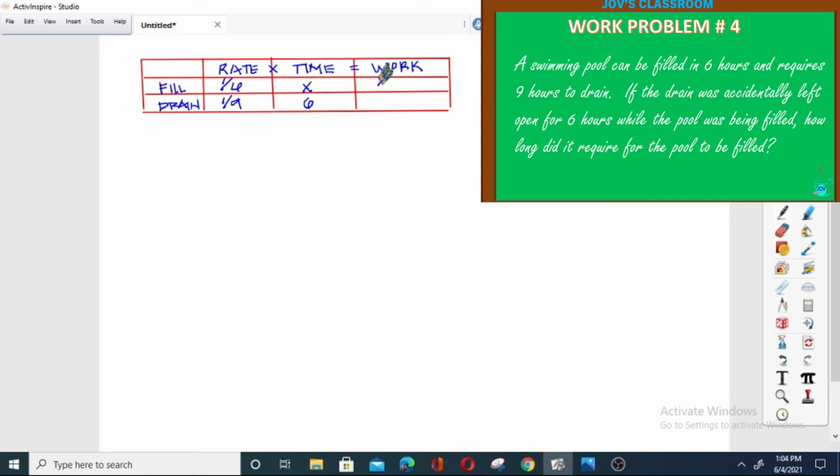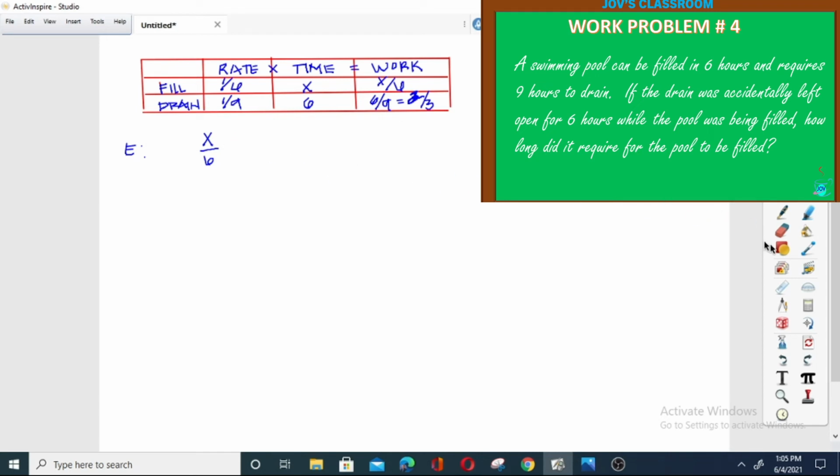So that is the unknown, x. So multiply it, x over 6, multiply, this is 6 over 9. So simplify, this is 2 over 3. So the equation is, again, we have to equate x over 6 plus, not plus, since it is draining, the water is open.